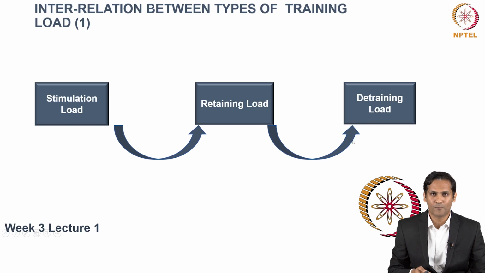That's the reason it's very important that you choose the load in such a way that you do not allow the stimulation load to become a retaining load, and in the worst case scenario, a detraining load.